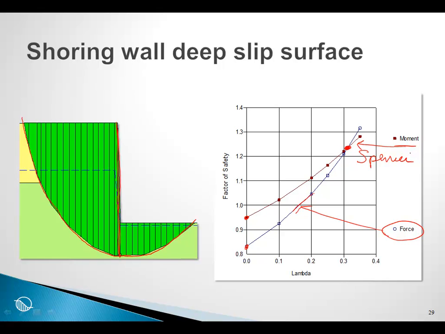The point here is, once again, that in situations like that, it is almost mandatory to produce a GLE plot in order to see why there is such a big difference between a Bishop factor of safety and a Spencer factor of safety.